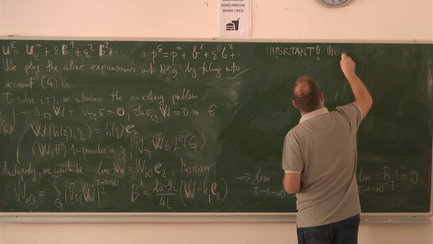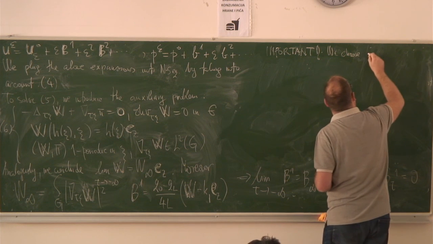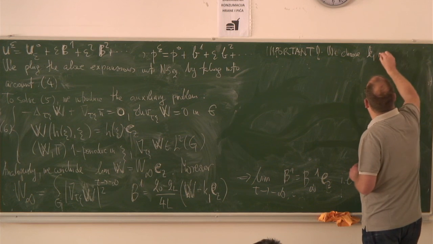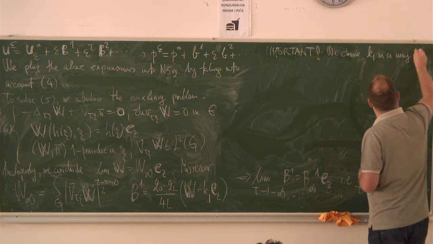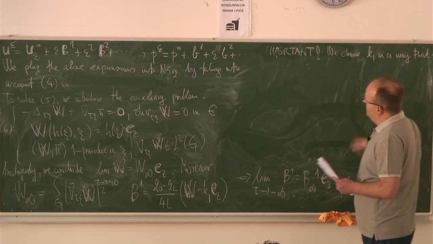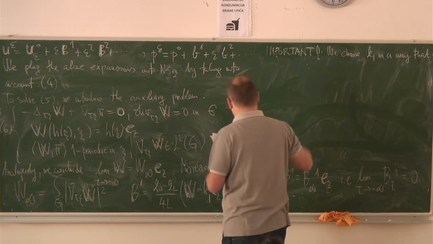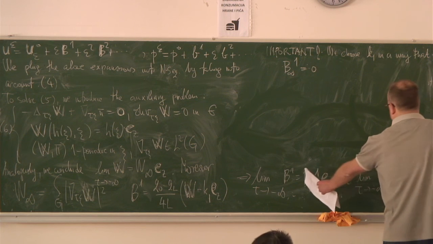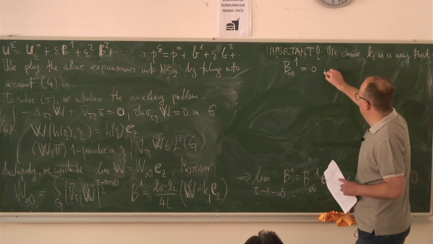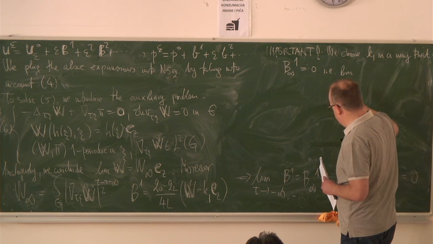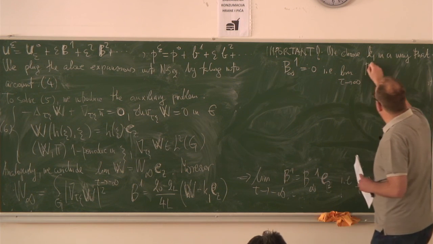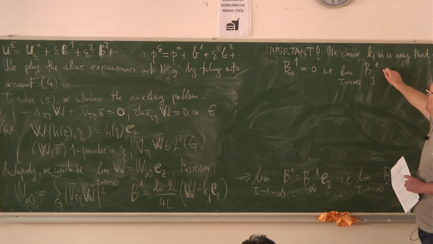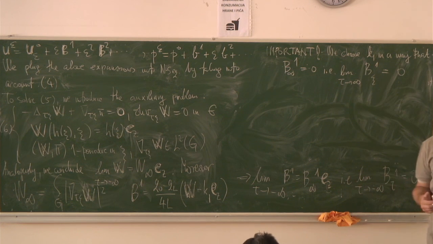We choose K1 such that this guy here equals 0, meaning that also the second component of the first boundary layer corrector goes to 0.